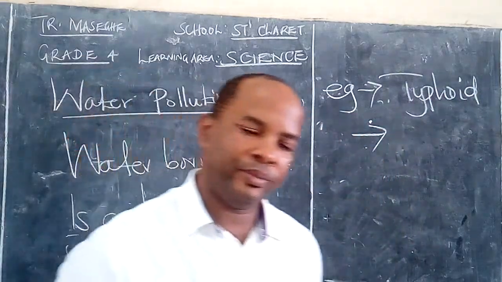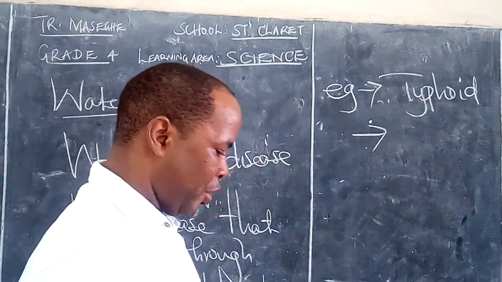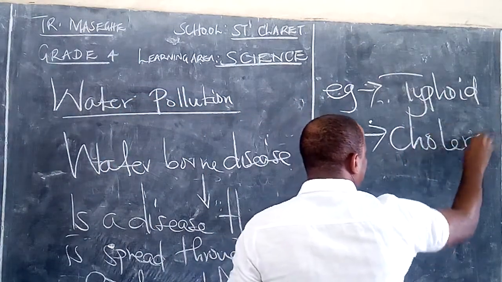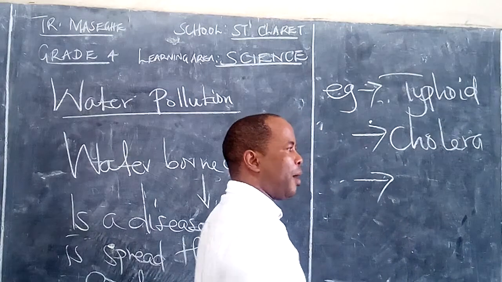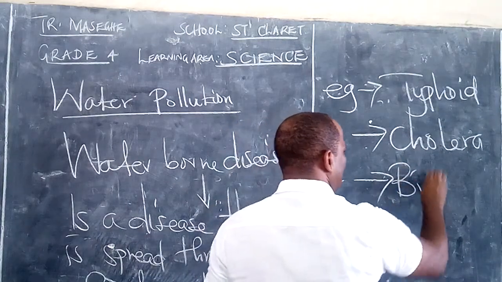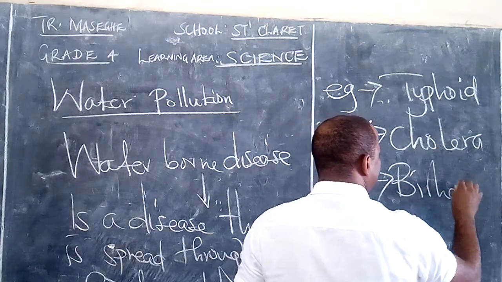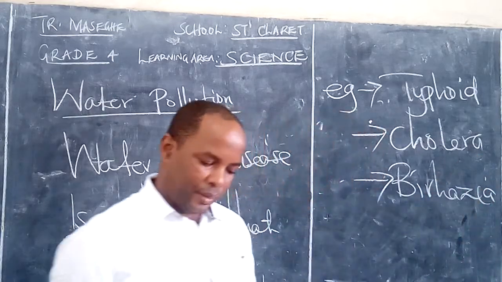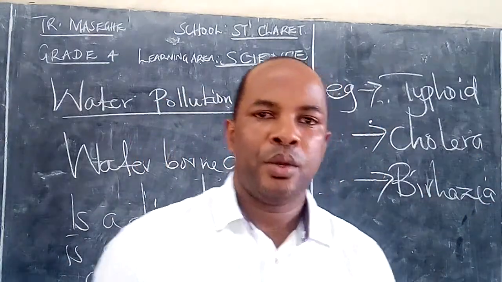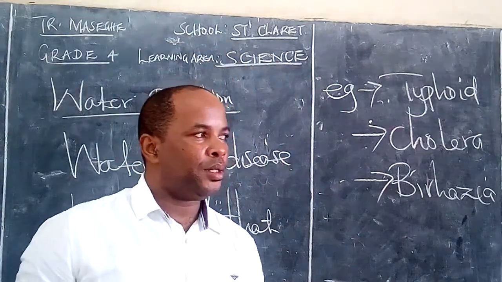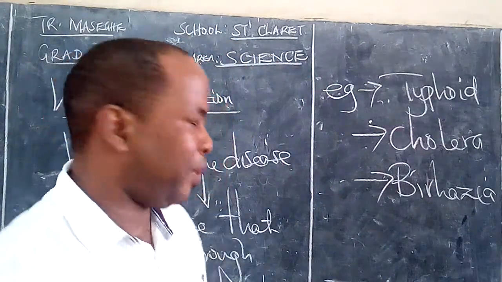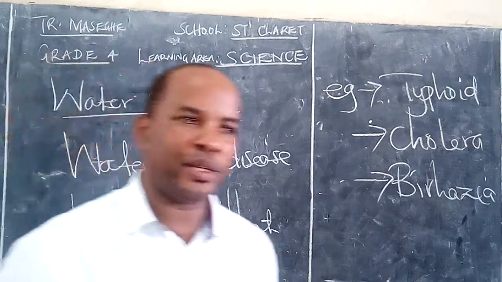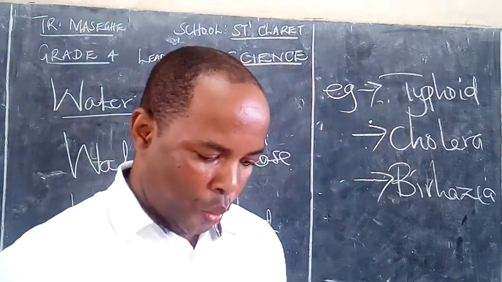We have cholera, and we can also talk about bilharzia. All these are waterborne diseases. And I've tried to explain what a waterborne disease is. It is any disease that is spread through contaminated water.